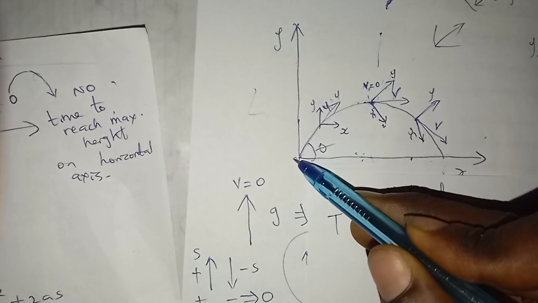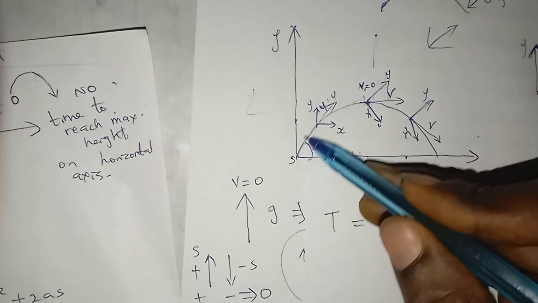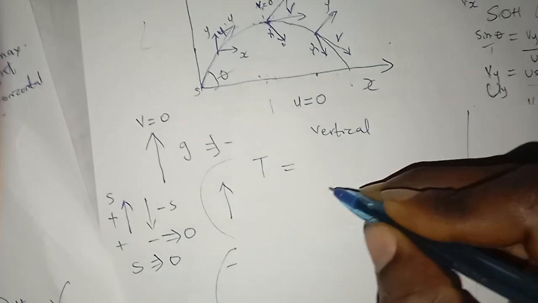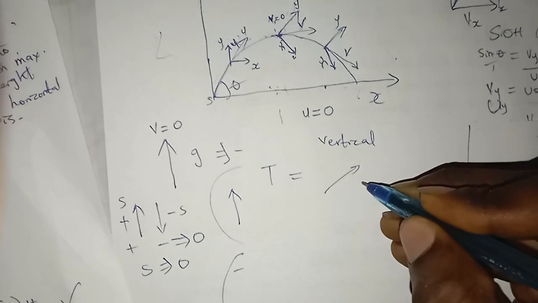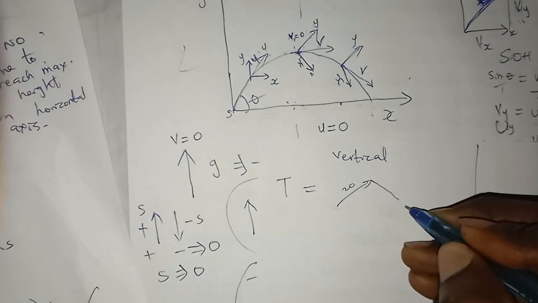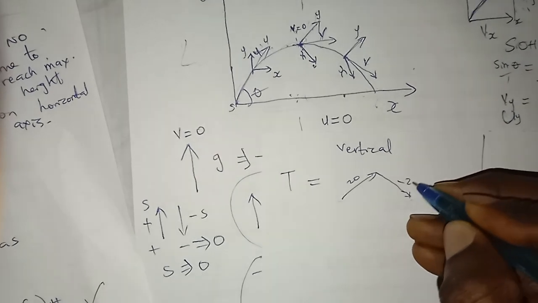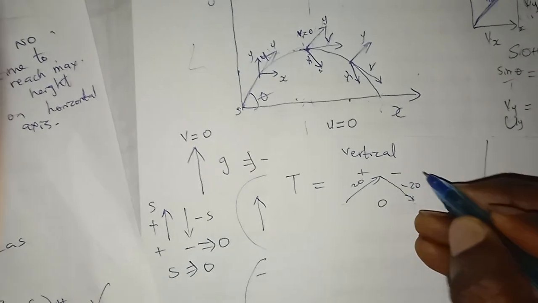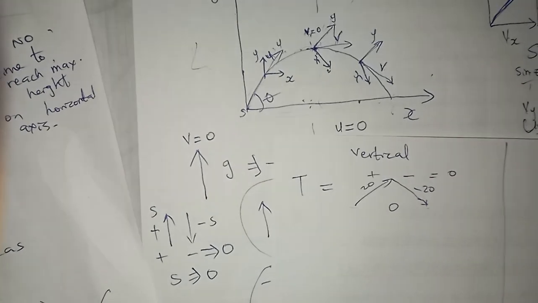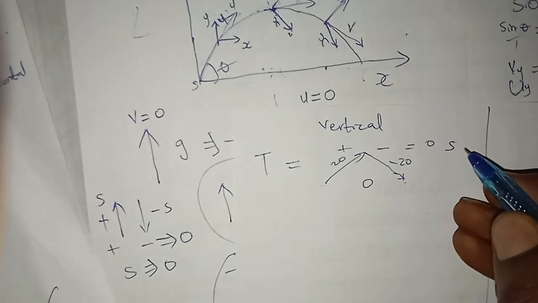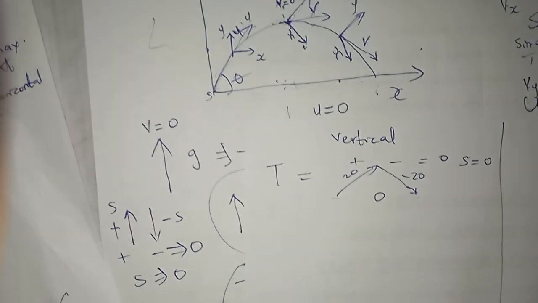Notice that if this is s, as it's going this way, the displacement is increasing. It's just like I throw something up, it's having 20, as it's coming down the same measurements, it will have minus 20. So everything here will equal 0. It's more like positive minus equals 0. So that means that the total displacement s will be equal to 0.